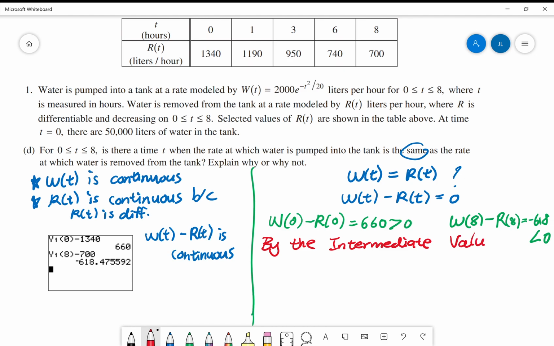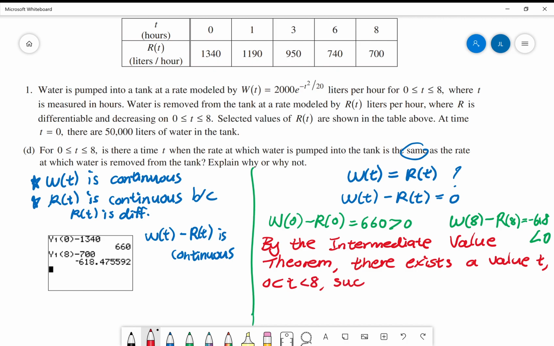By the intermediate value theorem, and you can also write IVT, this theorem guarantees that there exists a value t, where t is between 0 and 8, such that W of t minus R of t is equal to 0.